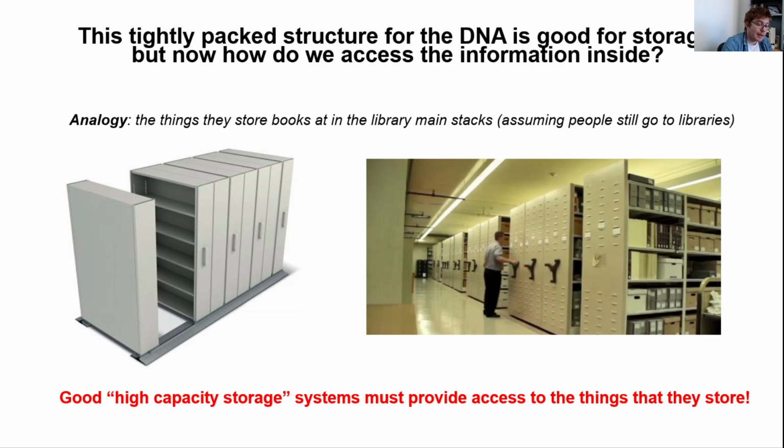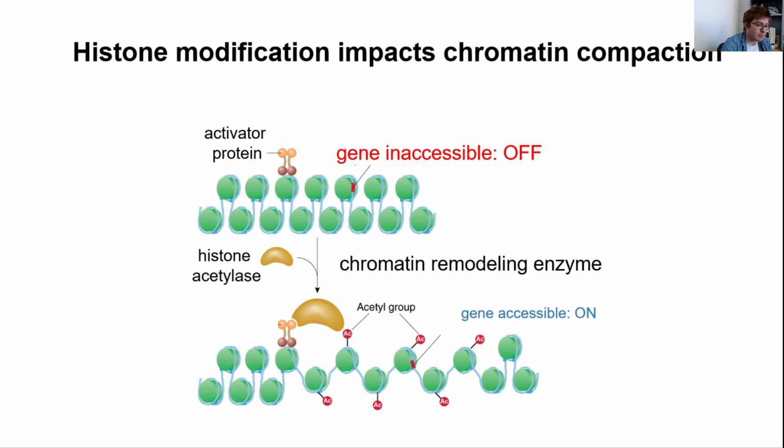And so how does that apply to the eukaryotic genomes that we've been talking about? Well, the cell has several tools at its disposal to impact the degree of chromatin compaction that you see in different regions of the genome. One of the tools that cells have are histone acetylases. These are enzymes that modify those histone proteins involved in the formation of chromatin structures.